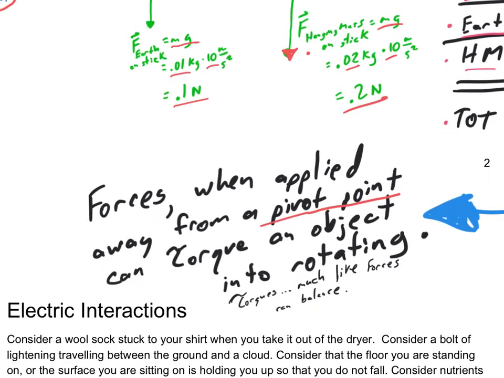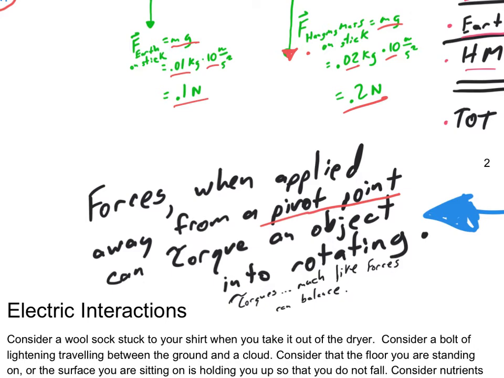It's because forces, when applied away from a pivot point, can torque an object into rotating. You can test this out by holding a pencil and pushing on it at different locations, or taking a circle or a giant sphere and pushing it in different ways.